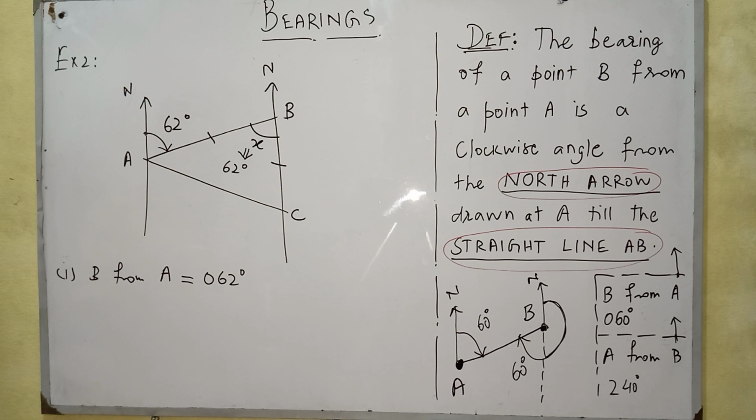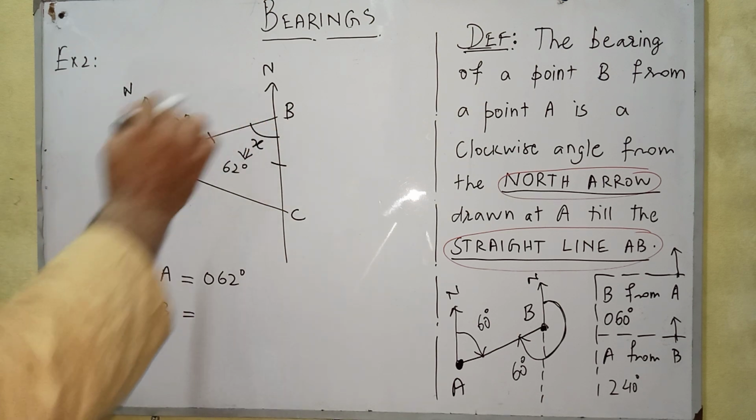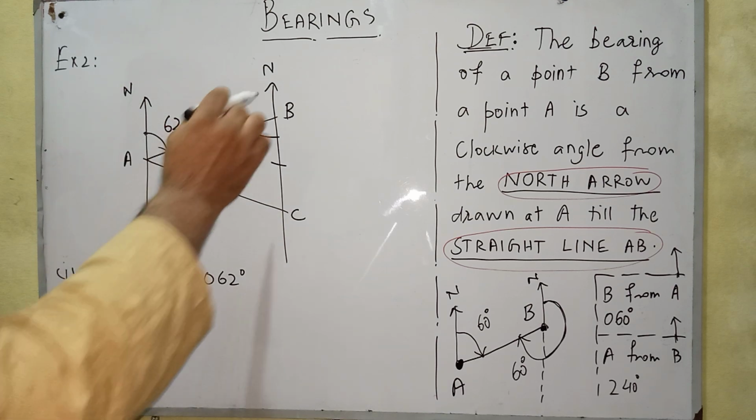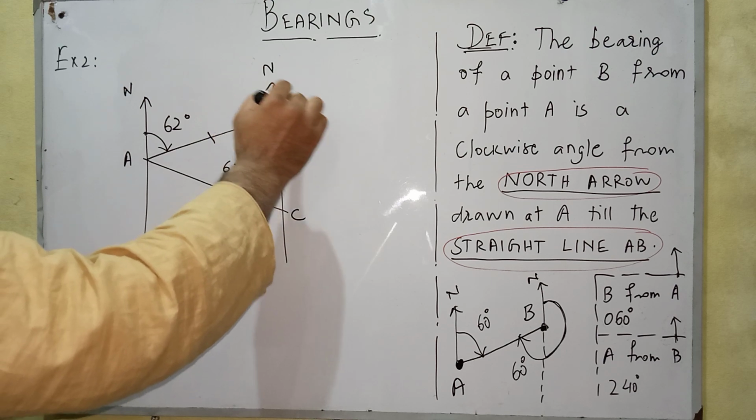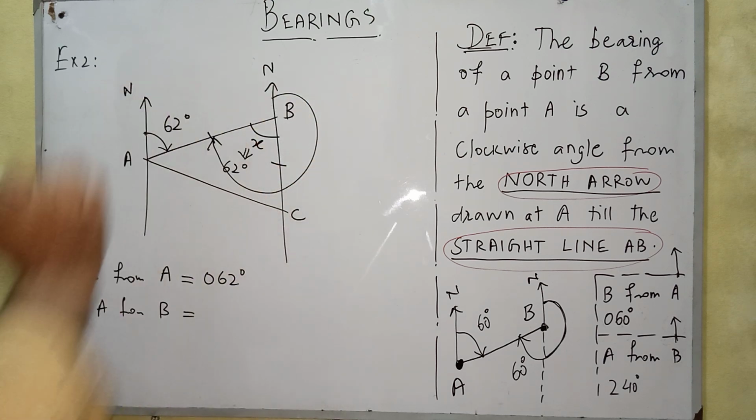Similarly, if we need to find the bearing of A from B, in this part we will draw a north arrow at point B and we will start our angle from this north arrow and go till this straight line AB like this.